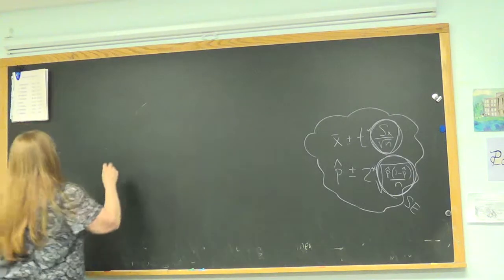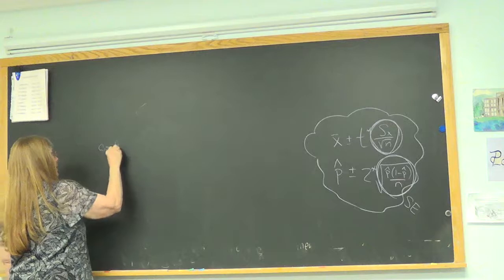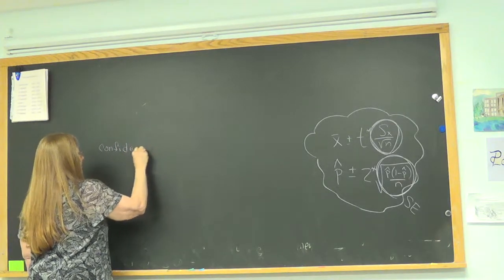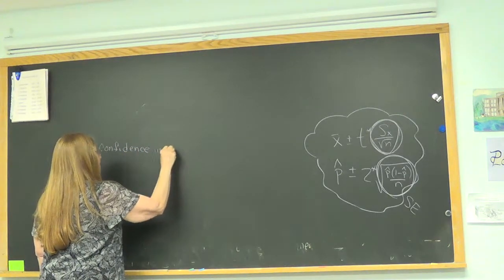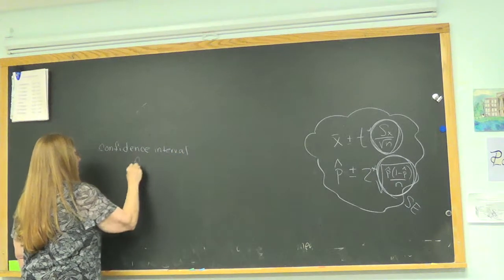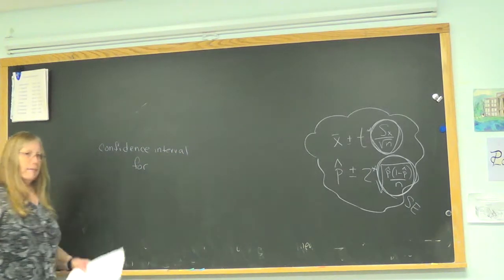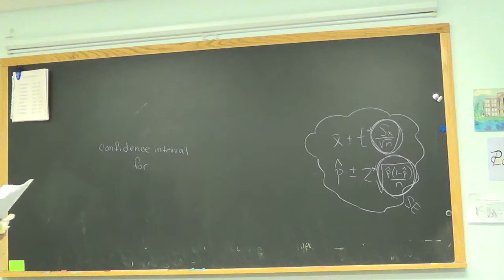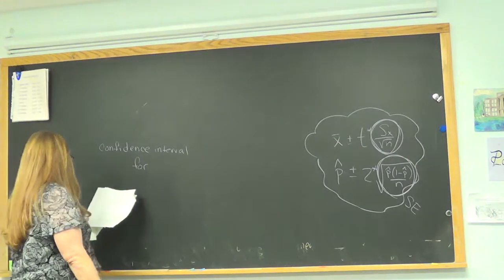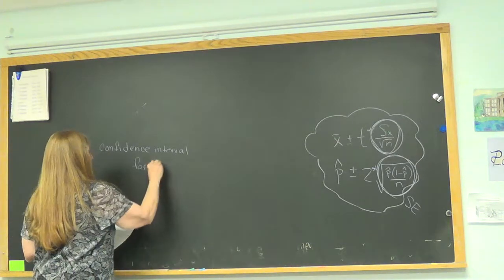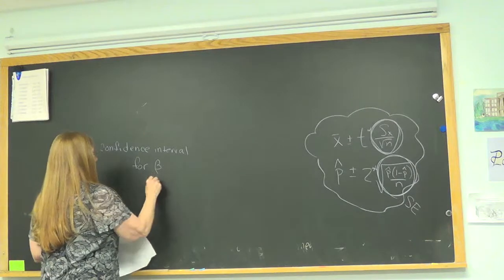So here is the confidence interval for slope. The theory that we talked about is just on the back burner. You'll see it's very similar. So we're going to do a confidence interval for beta, which is slope.